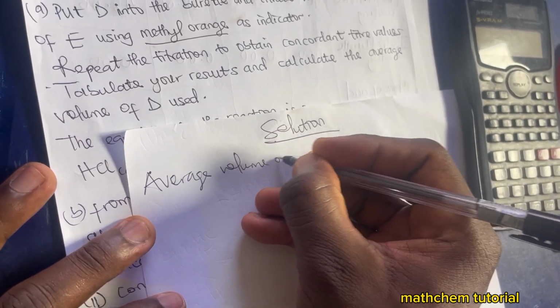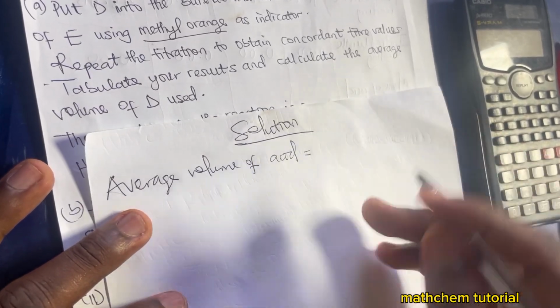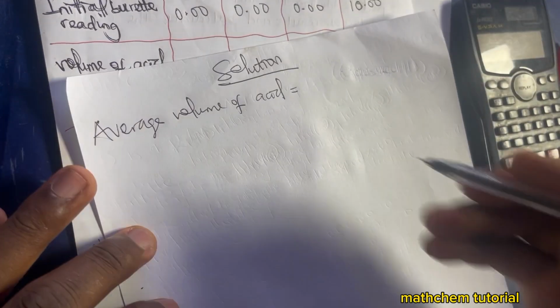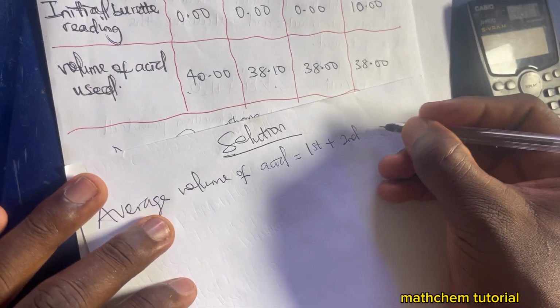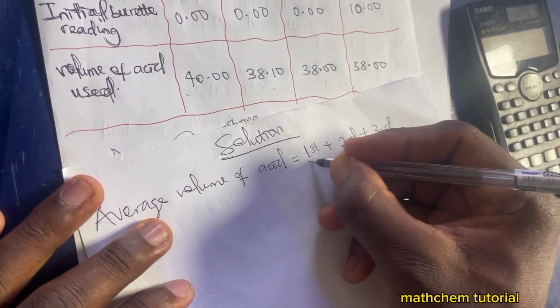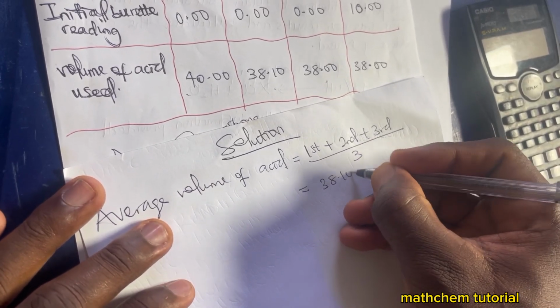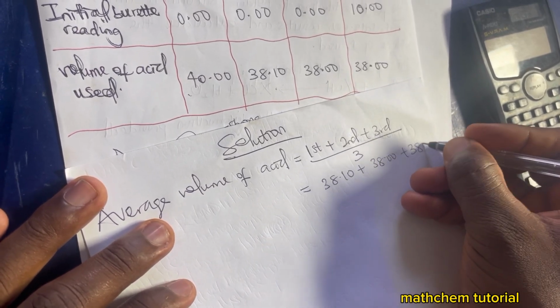Average volume of acid used. From here I have my first, second, and third. So let me write my first titre, second titre, and then the third titre, all over 3. That will be 38.10 plus 38.00 plus 38.00.